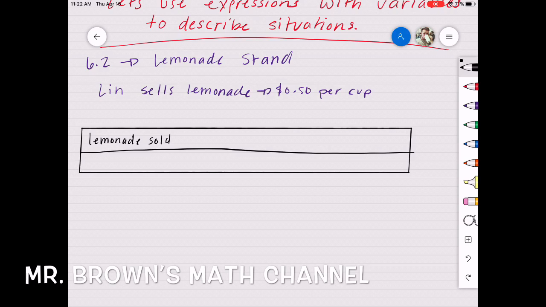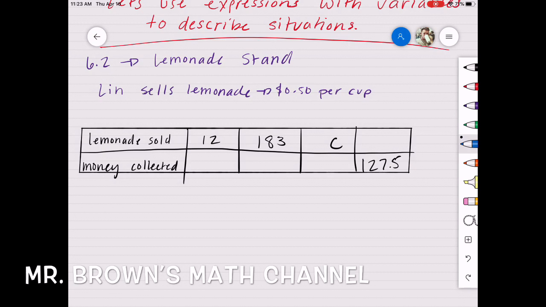So how much money would she collect if she sold 12 cups of lemonade? The information that we already know is that every 1 cup of lemonade she sells, she gets 50 cents. So if she were to sell 2 cups of lemonade, that would be $1. We can keep counting up that way, $0.50, $1.50, or we can just do our math right out and say 12 times 0.5.